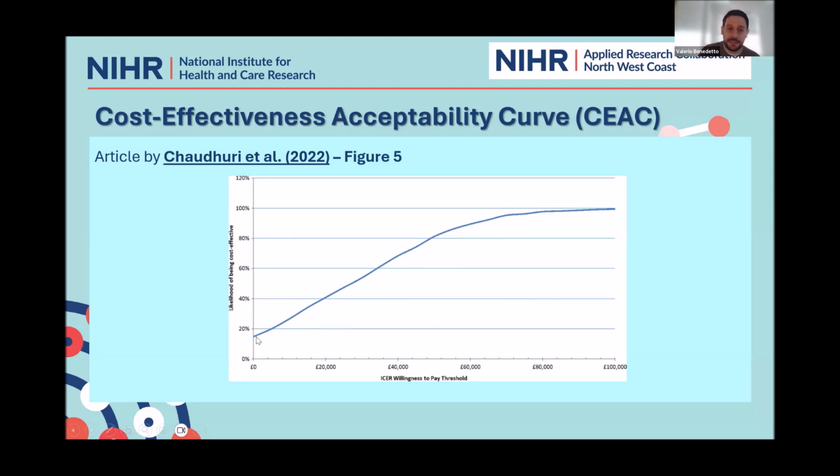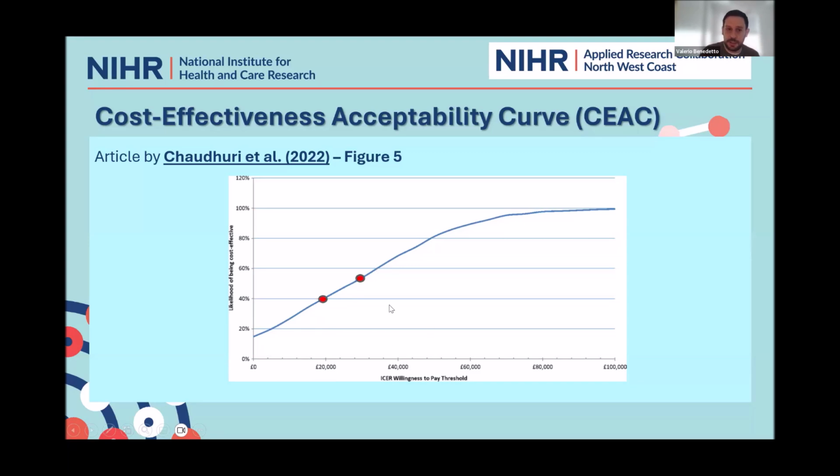So that means that if you were to implement this new intervention, there is a 17% probability that the intervention will be cost saving. So that means if you don't have any money, but you still want to implement it, there is about 17, 18% probability that the new intervention is going to be cost saving. As you increase your budget, so as you are able to invest some money in implementing the new intervention, the curve describes the likelihood of this intervention being more and more cost effective.